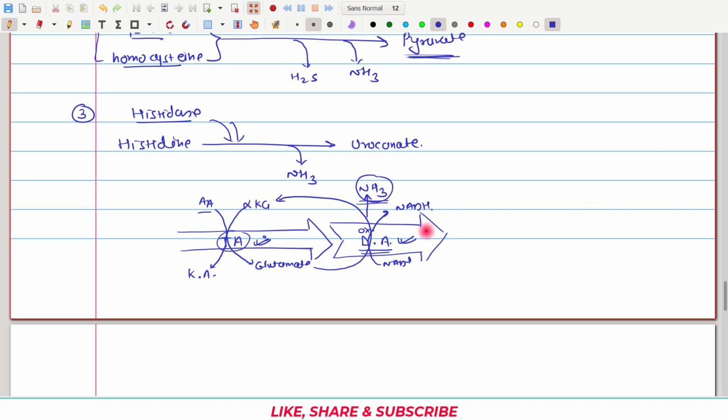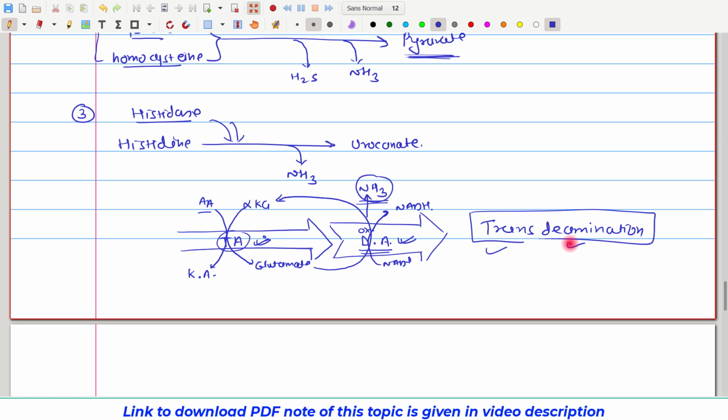Because of that, many authors refer to both of these processes in combination and label them as transdeamination, because they want to emphasize that these are not different processes, but just two portions of one larger process. But whether you look at them as transdeamination, or look at transamination and deamination separately, once the concept is clear, nothing can bother us. And I hope that everything about transamination and deamination is clear.